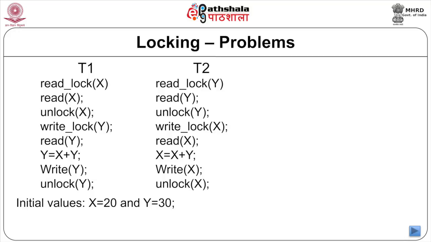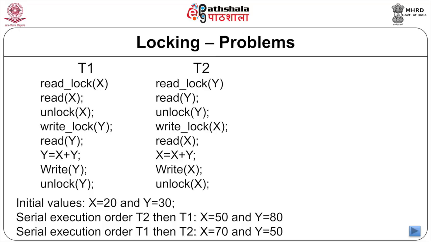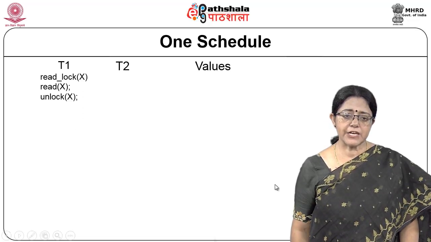and then take an order of T2 followed by T1, then the final value of X will be 50 and Y will be 80. The other order, T1 followed by T2, will have the final values of X to be 70 and Y to be 50. But there is a schedule.